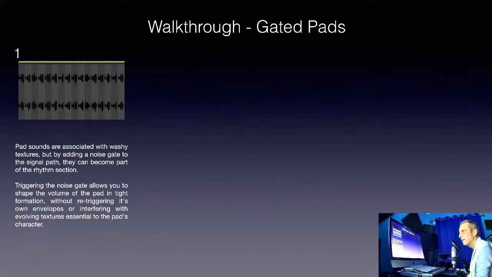Triggering the noise gate allows you to shape the volume of the pad in tight formation without re-triggering its own envelopes or interfering with evolving textures essential to the pad's character. So if you imagine that you're going to want to restart your notes and make a sort of gated pattern, every time you hit a new MIDI note on your synth, it's got to restart the envelope, the oscillator, the generators, the attack, the envelopes, and that can put a lot of power and resources again onto your computer.